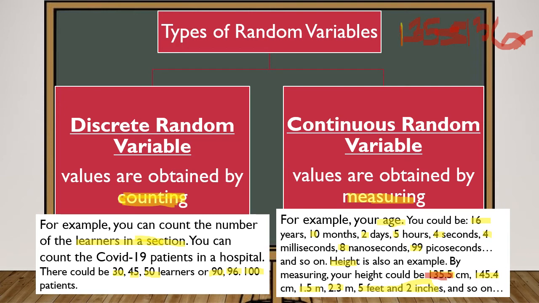That's why discrete random variable values are expressed as whole numbers, while in continuous, as the word says, the values can be expressed in decimal forms or can take values between two numbers. That's why it is continuous. I hope you get that.